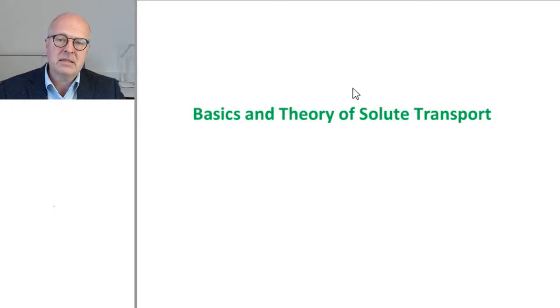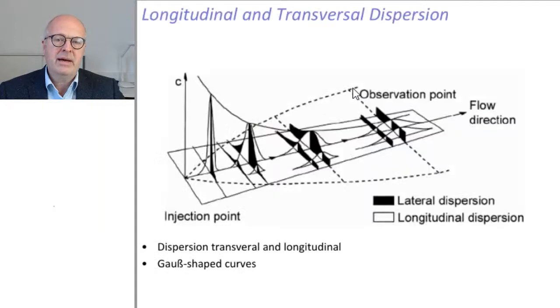Now, how does this work? What are the basics and what is the underlying theory of solute transport? When you add a tracer to a river or any substance to a river, it will disperse. A river has turbulent flow, so you have many vortexes, and they actually create a dispersion of substances.